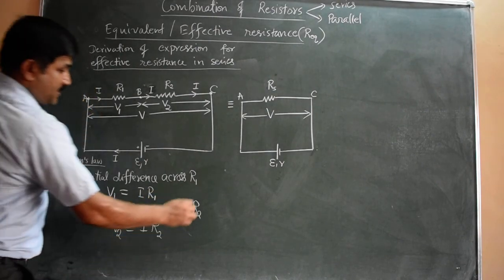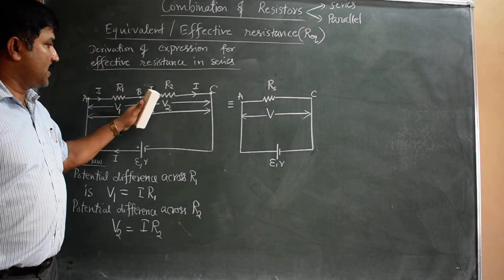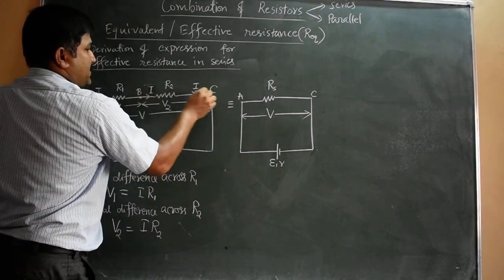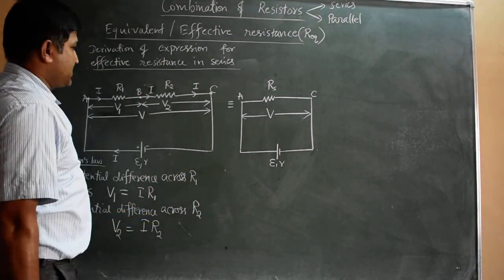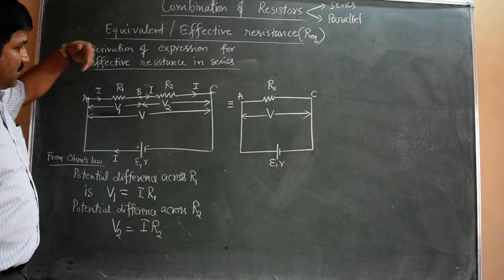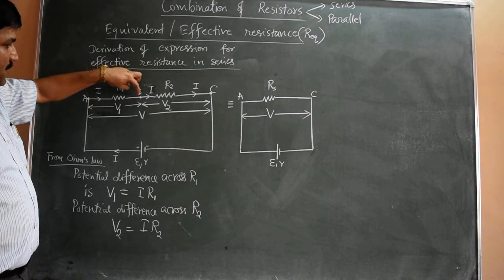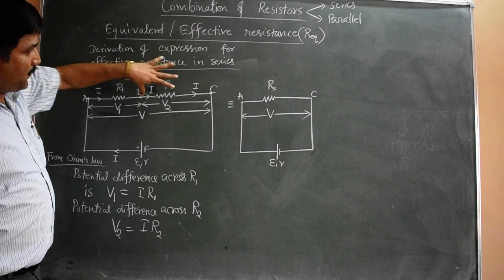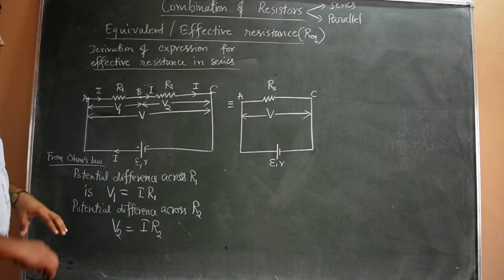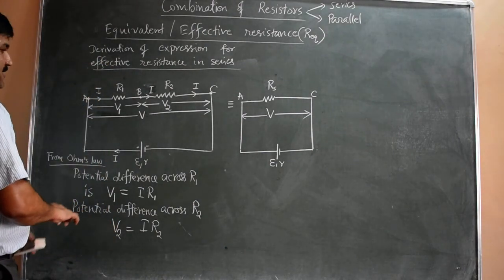So this is the potential drop across the second resistor R2, with current I and potential difference across the ends B and C. That means potential will be dropped across each resistor. If the total is say 5 volt, the drop here may not be 5 volt, it may be 2 volt here and 3 volt here. So there will be a drop in potential in every resistor.